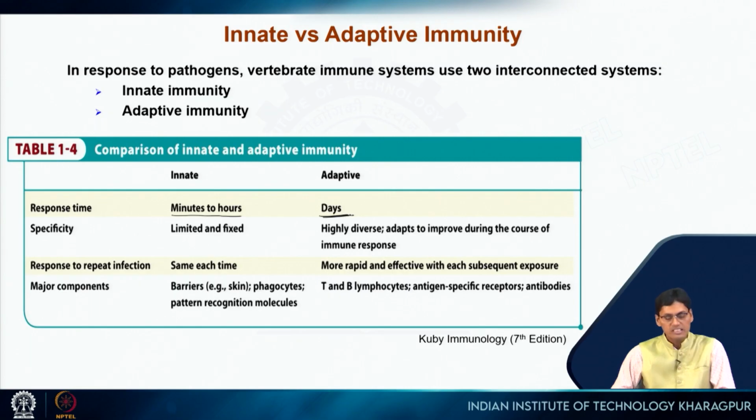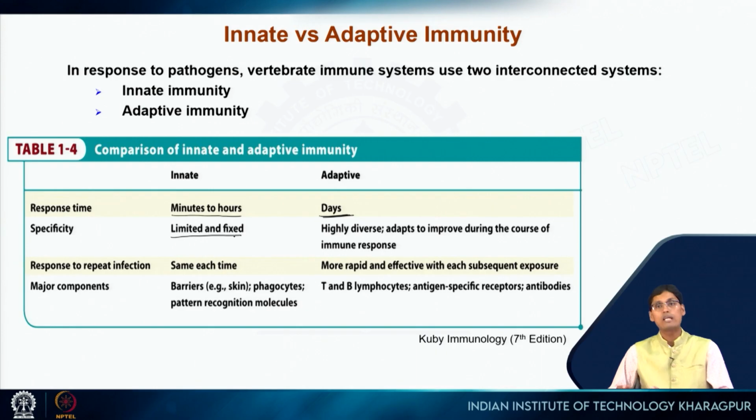The specificity in case of the innate immune system is limited and fixed, but the adaptive immune system is highly diverse. It adapts to improve during the course of infection, the course of the immune response. As I told, if our body sees some new pathogen today, it will develop some weapon against that pathogen, so the pathogen will be cleared.